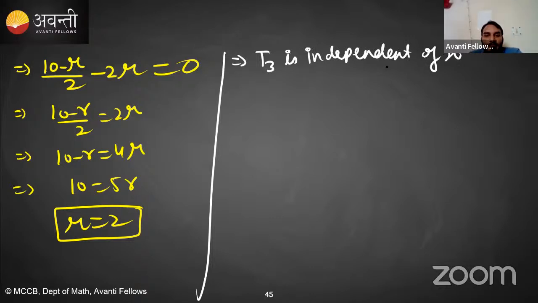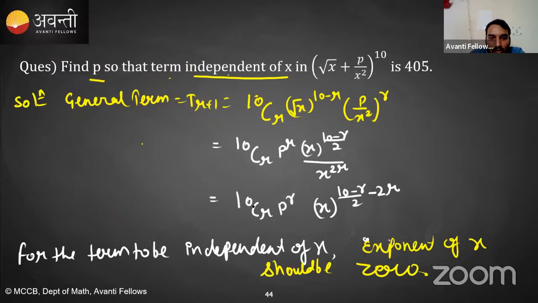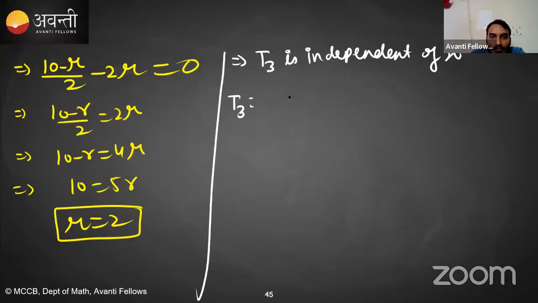Clear? Now find T3. What is T3? Just substitute r is equal to 3 here. So you will get tan C3 p raised to the power 3 is 405. According to the question, the T3 value is equal to 405.